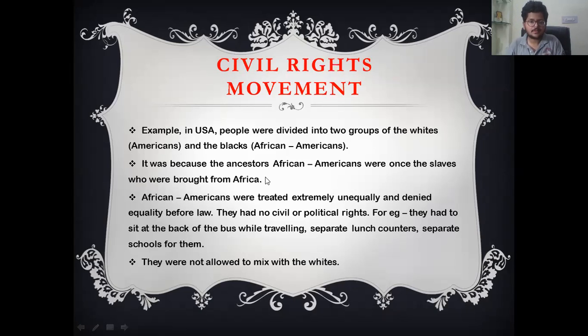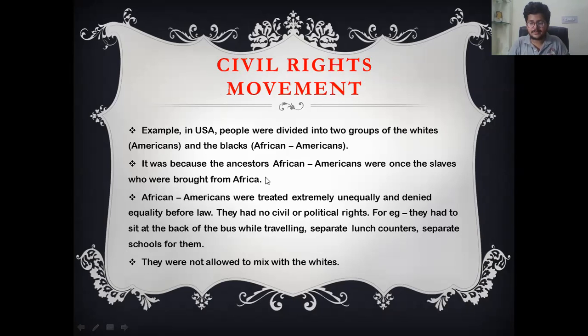African Americans were treated extremely unequally and denied equality before law. So when America got independence, there was huge discrimination for a long time on the basis of race, on the basis of the color of the skin of the people.